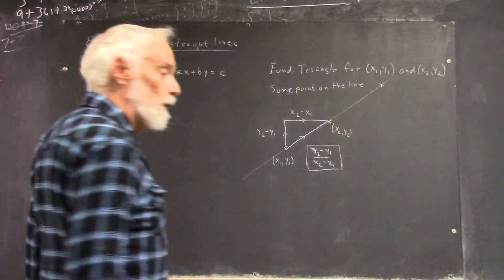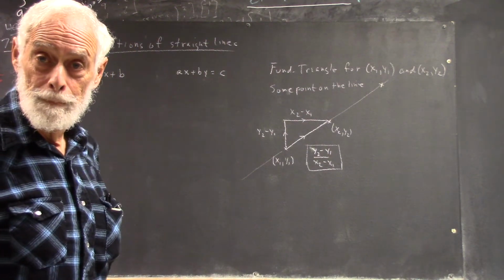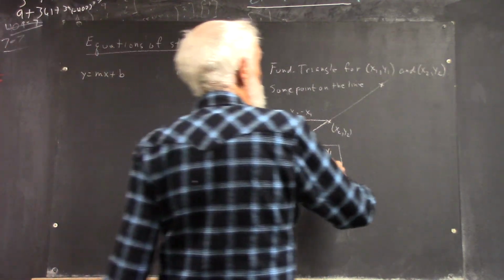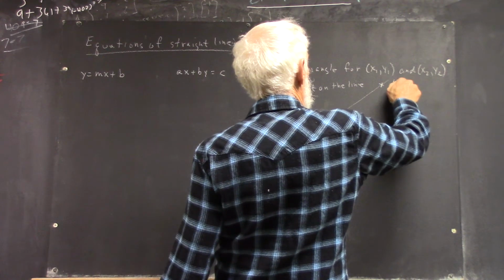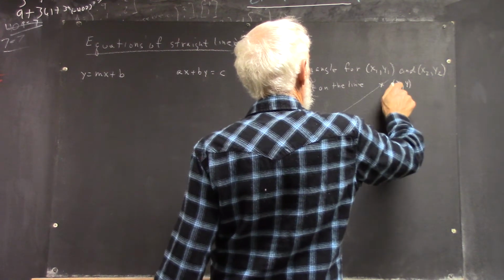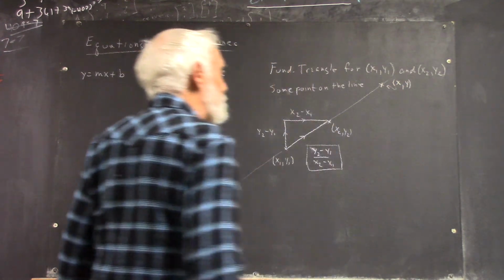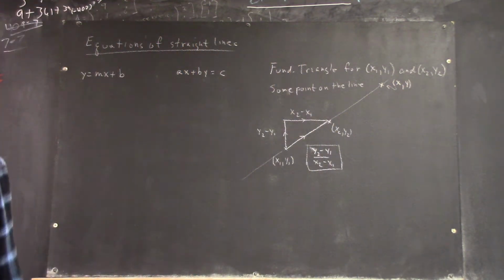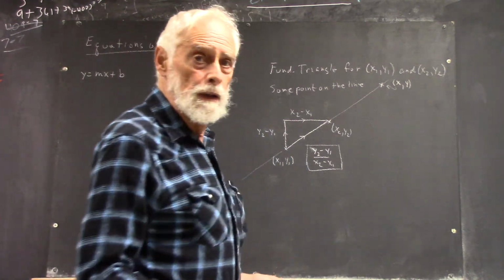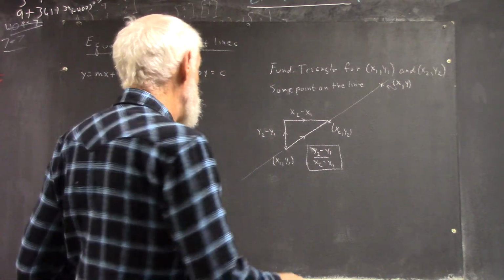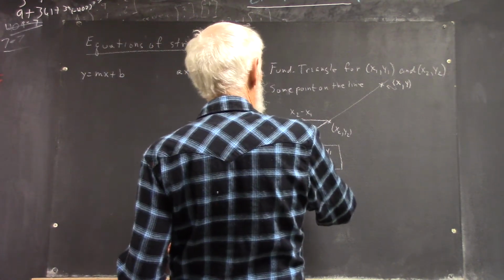There's some point on the line, and that point is going to have x and y coordinates. That point is going to be x, y. Now I construct the fundamental triangle from the point x1, y1.